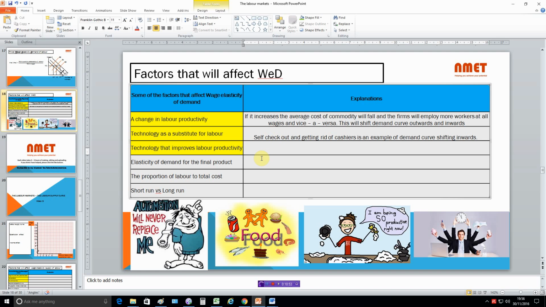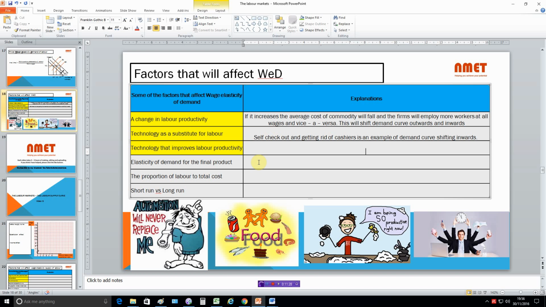Technology that improves labor productivity. I am tutoring you right now, sitting with you and working on this. If I can have more students via Google Hangout, I can have 15 people listening to me, which sometimes I do when I have classes. So my productivity has gone up. Similarly with workers, technology can improve labor productivity, and when it does, what happens to the demand curve? Will it shift outwards or inwards?